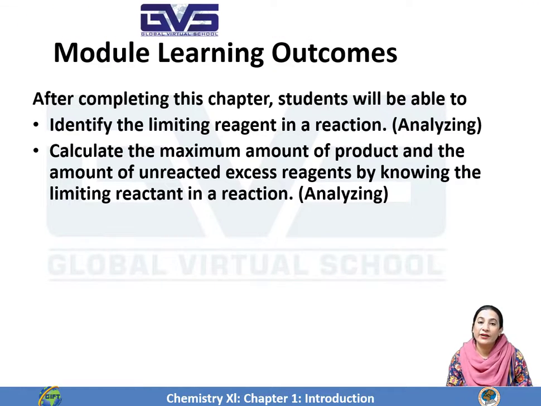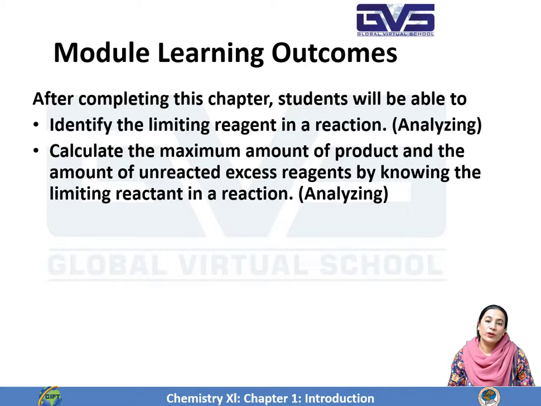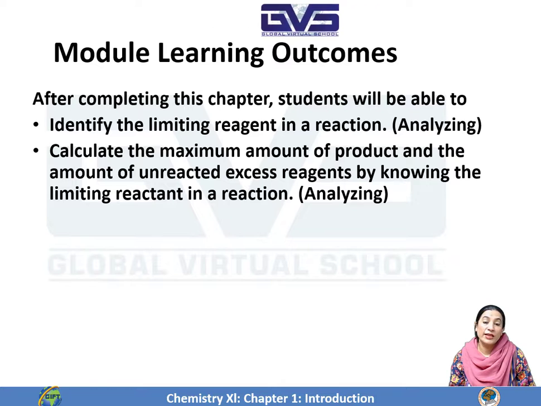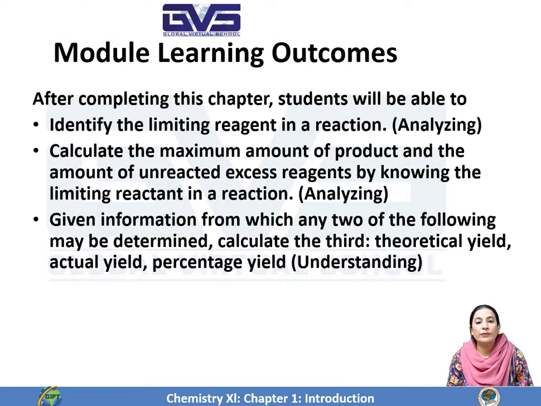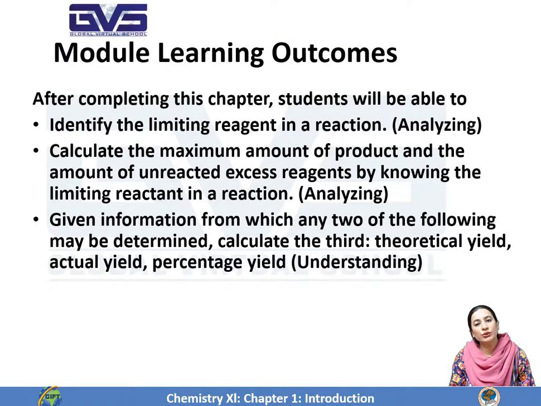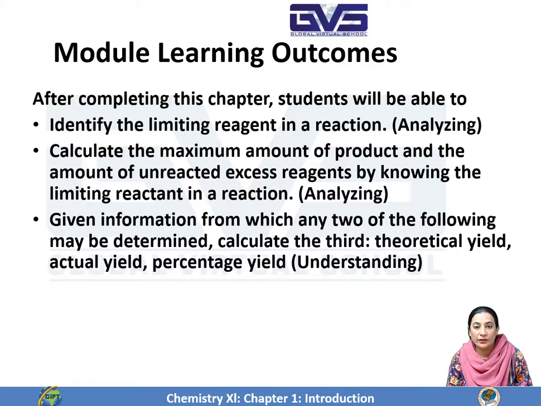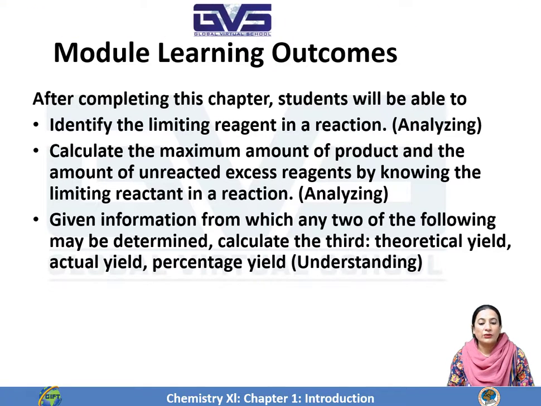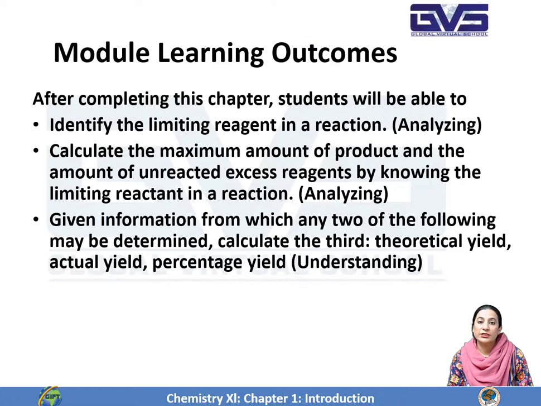By knowing the limiting reactant in a reaction, we will understand this with the help of solving some numericals, actually performing the calculations. You will be able to calculate, from given information, any two of the following, from which the third may be determined: theoretical yield, actual yield, or percentage yield.